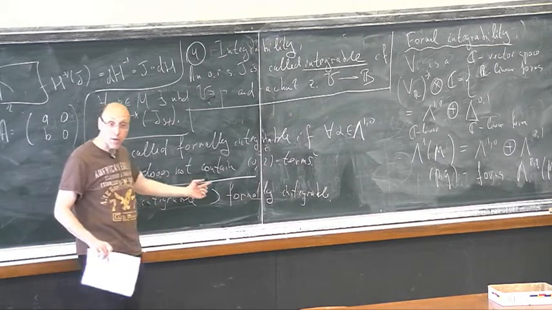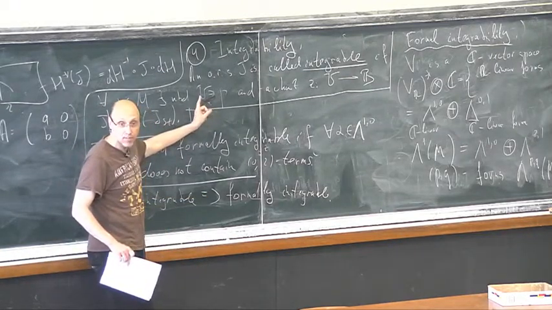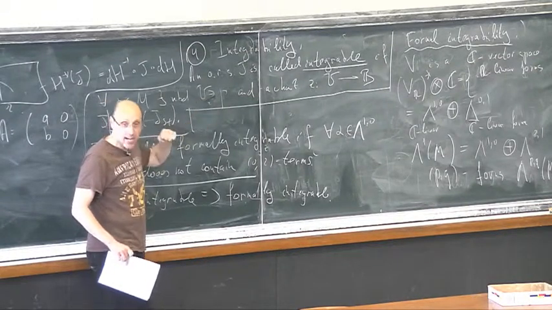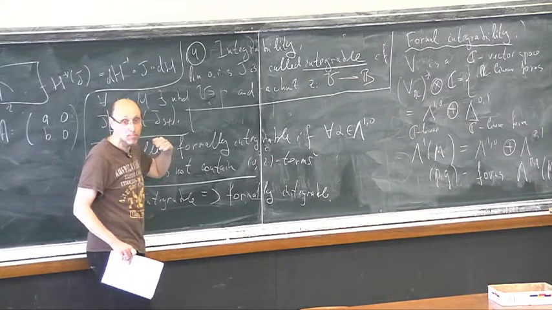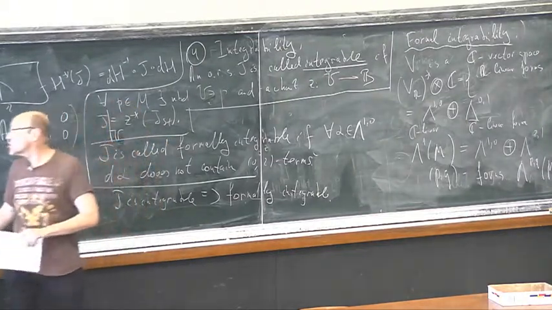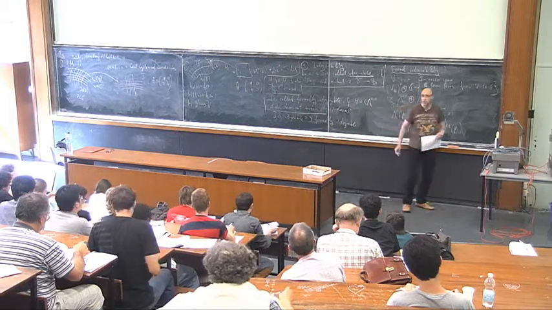So being formally integrable is a necessary condition in order to be integrable. And this condition is also sufficient, and this is much more difficult, and this is the Newlander-Nirenberg theorem. So, a fundamental theorem, and this is much harder than the previous one.